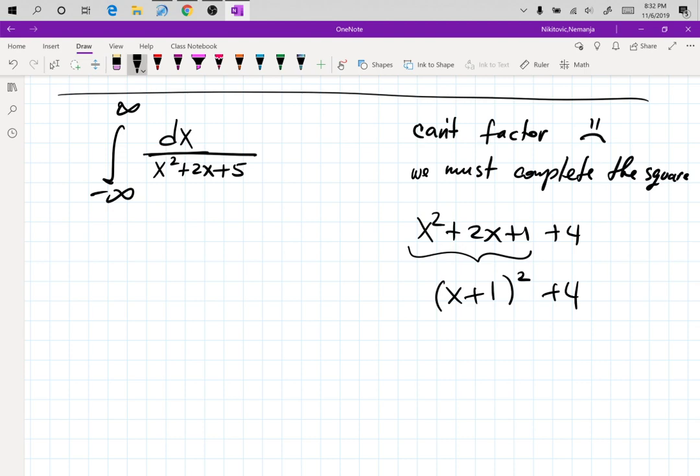And the answer is no. Because no matter which x you pick, you will always add 1. And when you square it, it will always be positive, and then you will add 4. So the denominator is always bigger than 5, because if you pick x to be 0, then you have 1 squared plus 4, that's 5.